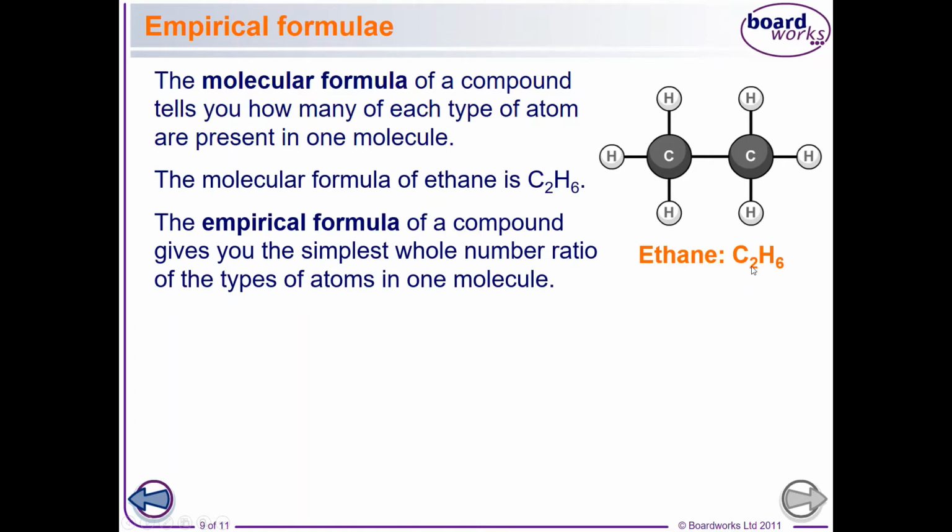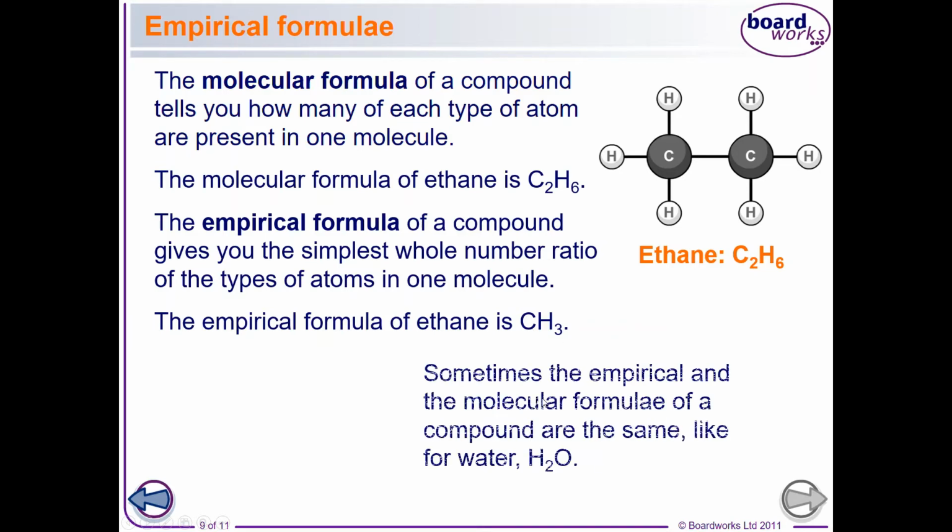What this is saying is that for every 2 carbons, there are 6 hydrogens, but I can write that in a simpler version known as the empirical formula, and therefore 2 goes into 2 once and 2 goes into 6 3 times. So the simplest whole number ratio would actually be C1H3, but we don't write the 1, we just leave it as CH3.